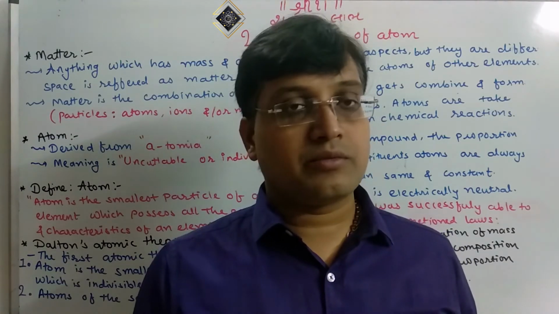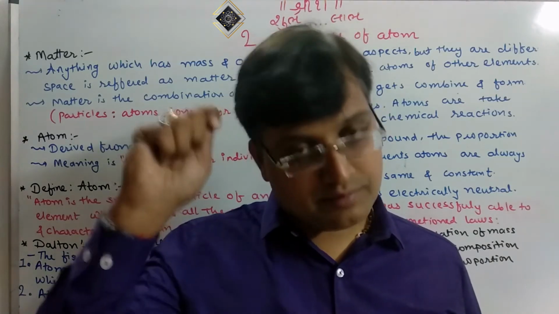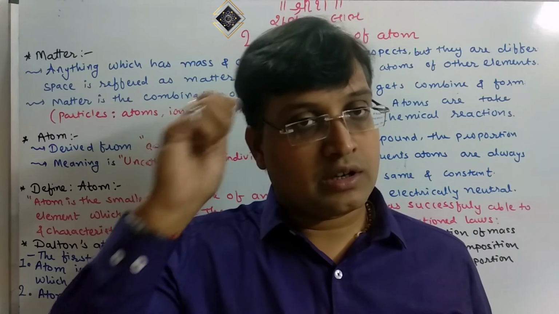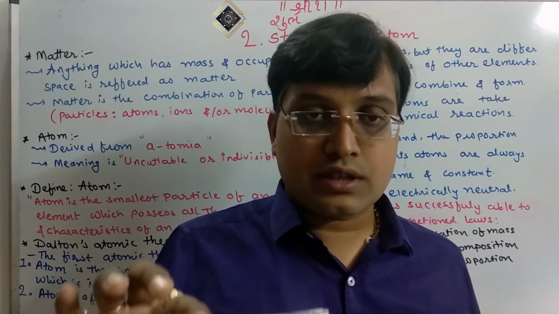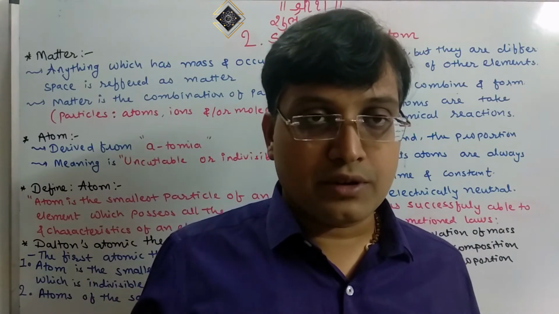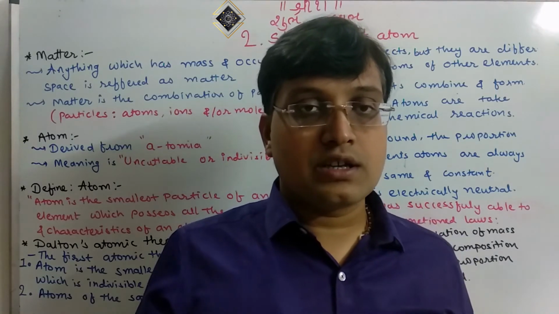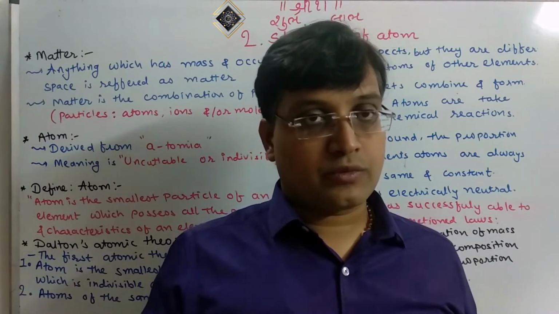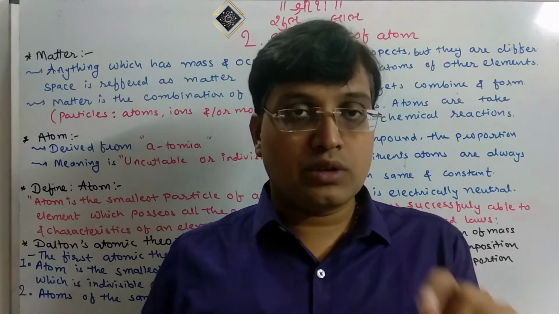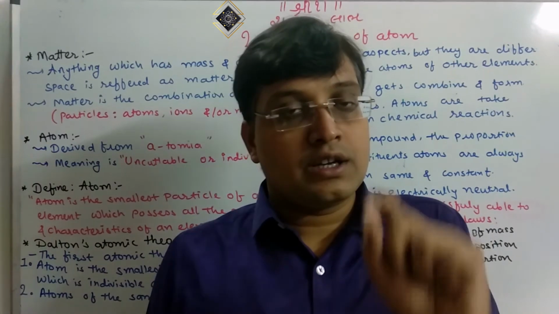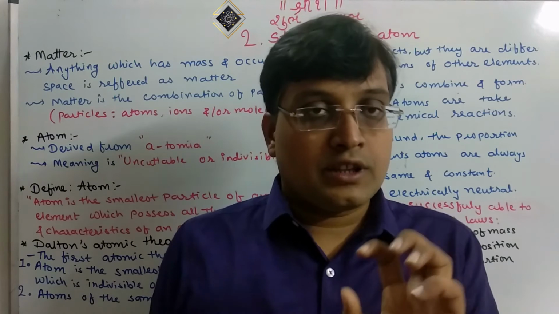In lower standards, like first standard and second standard, we rub a scale with our dry hair like this. Then we kept that scale near pieces of paper, and the pieces of paper get attracted towards the scale. Now, why does this happen? The actual reason is that when you rub the scale with your dry hair, the scale gets electricity.